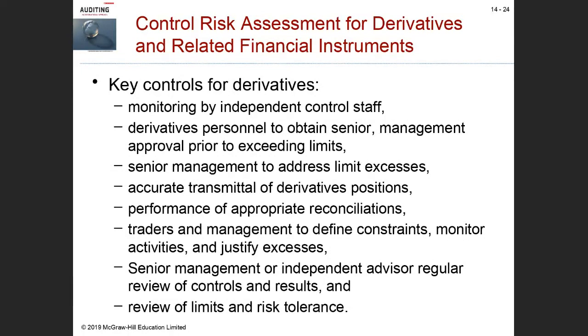So what types of controls could management have in place over derivatives? There are some very easy ones. When you look at these controls, you sort of wonder, why wasn't management doing this inside of AIG, for example? Who knows. But it's such common sense, it raises the issue.